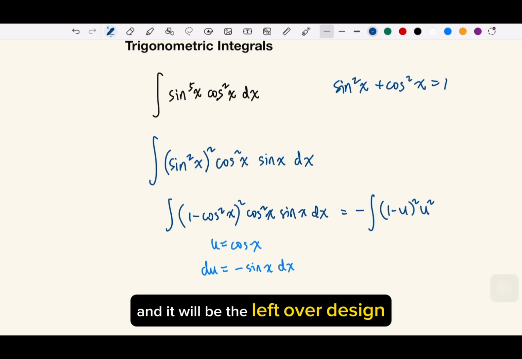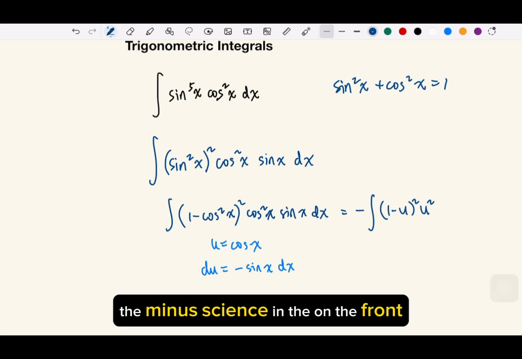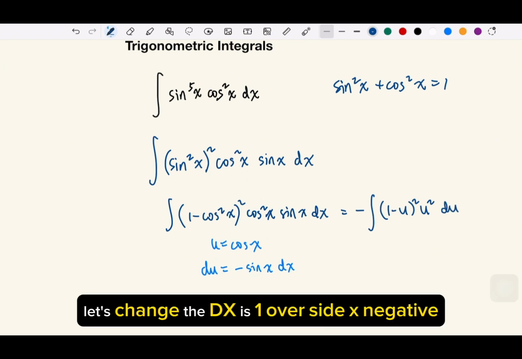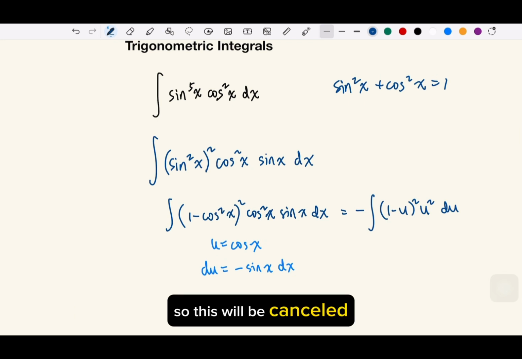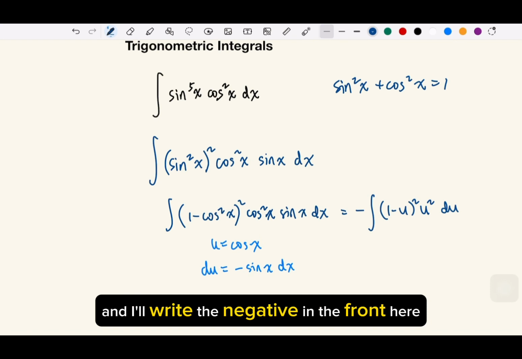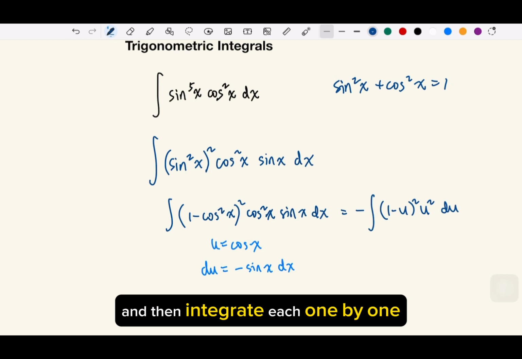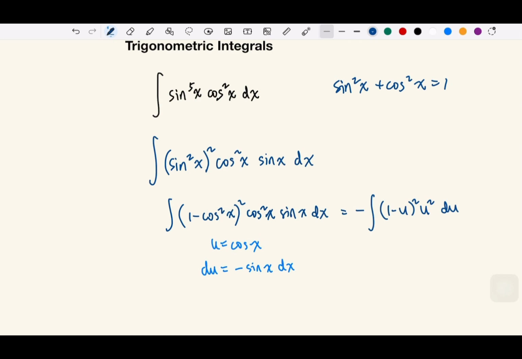The leftover is the minus sign in the front. dx is 1 over negative sine x, so the sine is cancelled, and I write the negative in the front here. We can easily solve this, right? Just expand, multiply, and then integrate each term one by one. Is that 1 minus u squared? Oh yeah.